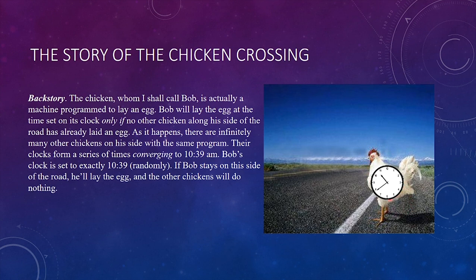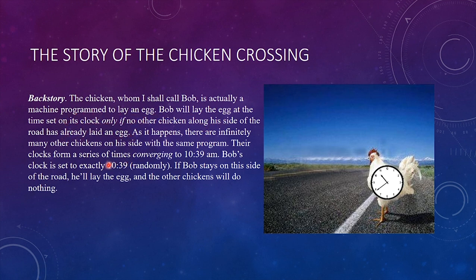So in this scenario, bear with me here. In this scenario, Bob, if he stays on this side with all the other chickens, is going to lay the egg at 10:39. He's going to lay the egg at 10:39 because he lays the egg only if no other chicken has already laid the egg.